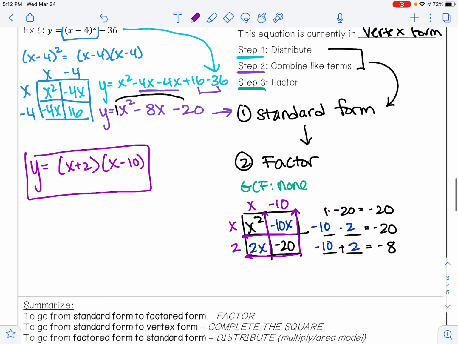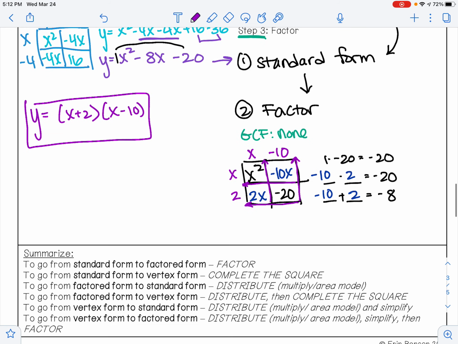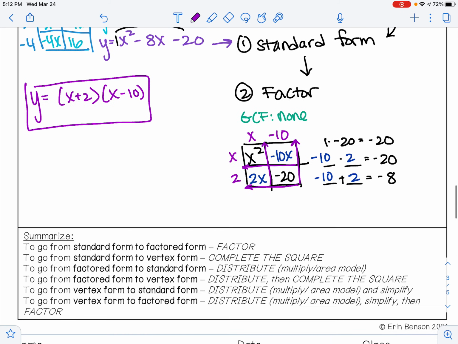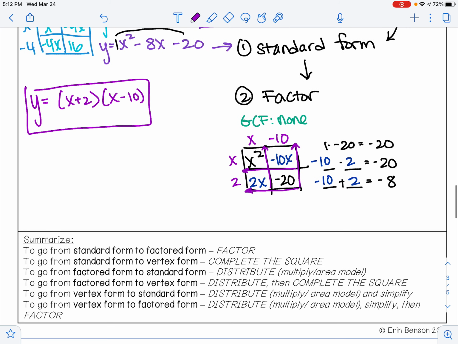Down here at the bottom of the page, I've summarized all the different steps for going between all the different methods. So everything that we've done on examples 1 through 6. To go from standard form to factored form, you factor. To go from standard form to vertex form, you need to complete the square.